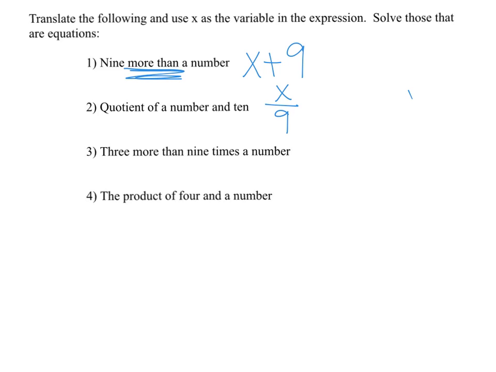You know? 3 more than. Ooh. More than. Be careful. 3 more than. That means the plus 3 goes at the end. 3 more than what? What are we adding 3 to? 9 times a number. What do I put in front of the plus sign?